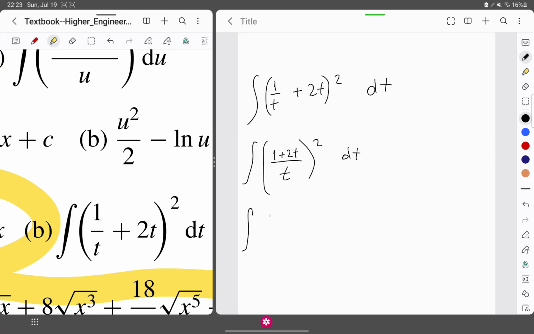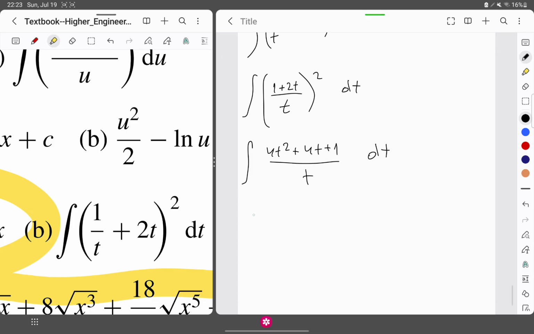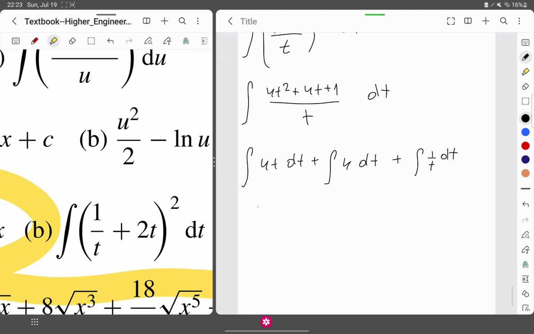And it will be 4t squared plus 4t plus 1 over t dt. Okay, and it will be like 4t dt plus 4 dt plus 1 over t dt.